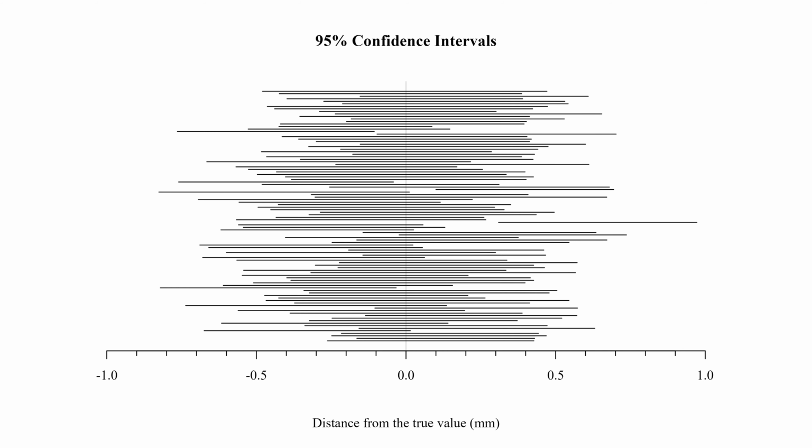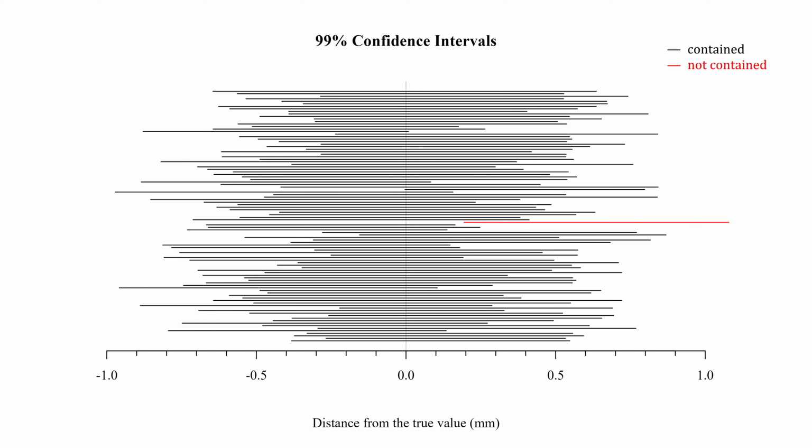95% confidence intervals have the property that at least 95% of the time they contain the true parameter. 95% of all hypothetical experiments that we could do would yield a 95% interval that contains the true value. Similarly, 99% confidence intervals contain the true value at least 99% of the time.